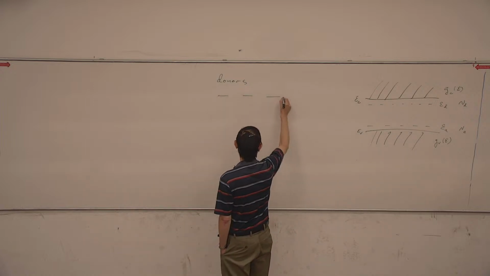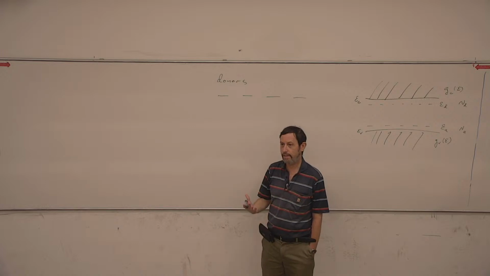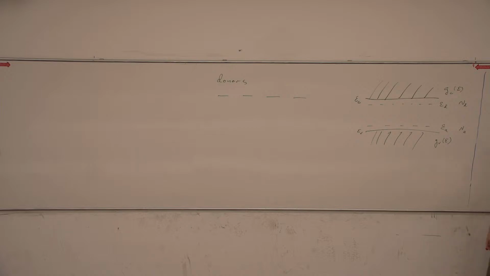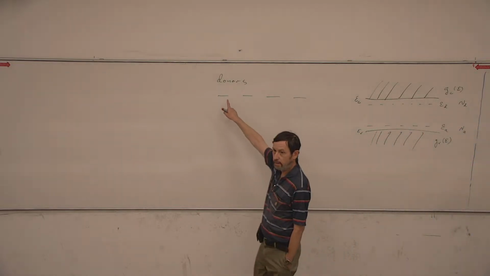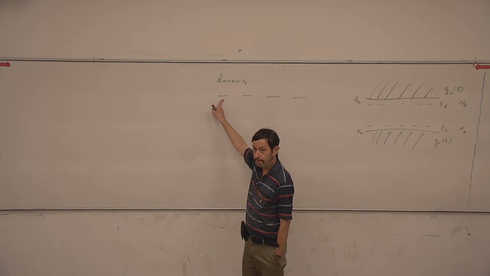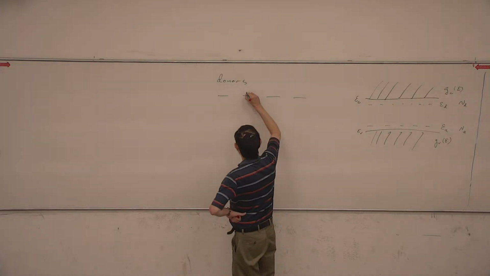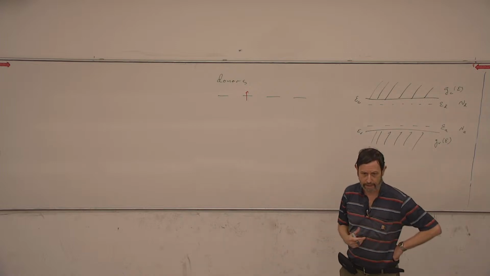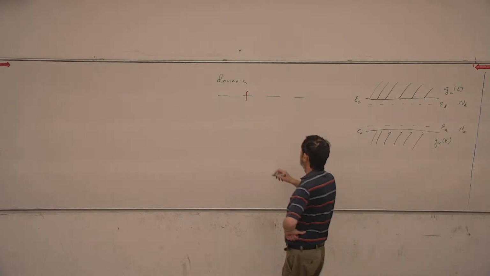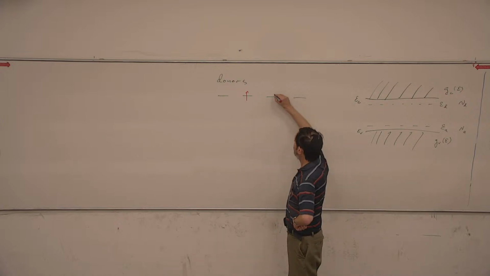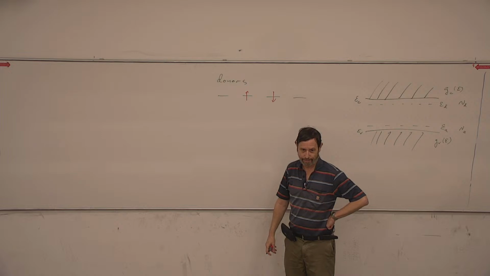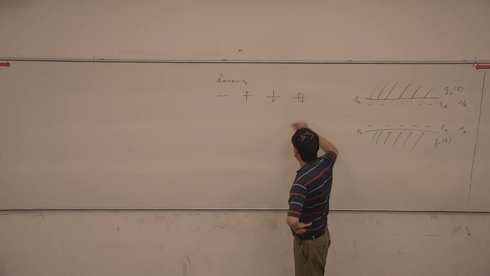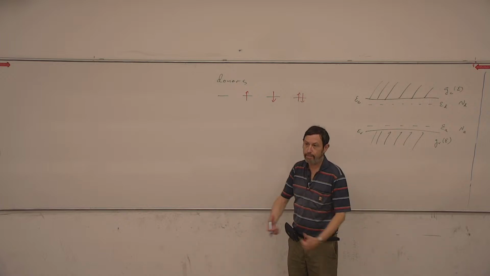I'm considering it as one orbital, and this state can be unpopulated, populated by one electron with spin up, populated by one electron with spin down, and populated by 2 electrons, spin up and spin down.